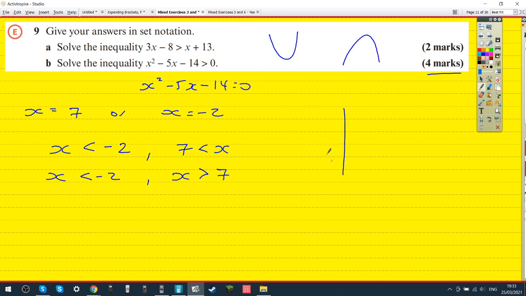And so we got 2 roots, and so if you wanted to, you could do that. Where is it greater than 0? It's greater than 0 when x is greater than 7 or less than minus 2. A sketch would certainly show working out. Anyone could see from a sketch it's going to be above the line outside, and it's going to be lower than the line, less than 0, down there.